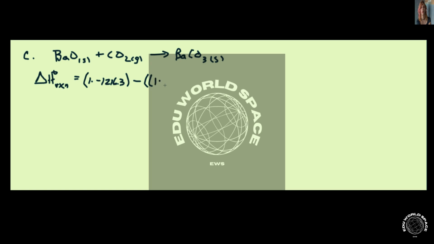And for the barium oxide, our enthalpy value is negative 553.5. We're going to add that to our 1 mole of CO2 with its value of negative 393.5 to get the delta H of reaction to be negative 269.3 kilojoules. We'll do the same thing for our entropy.